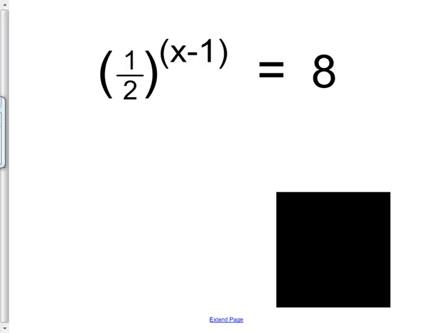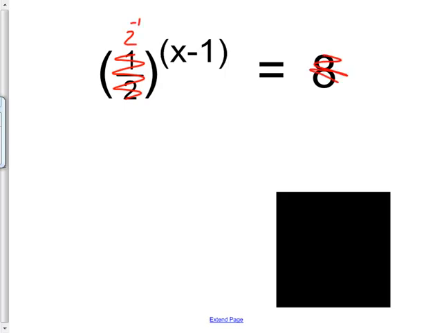Last one. Same exact thing. If I can write them both as 2 to the something. So this could be 2 to the what? Negative 1.